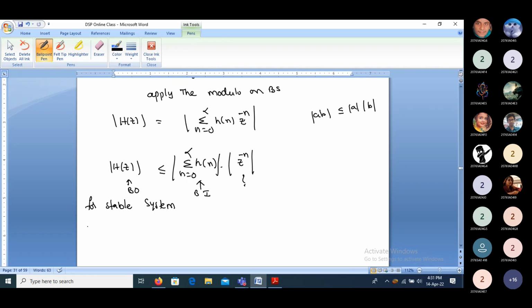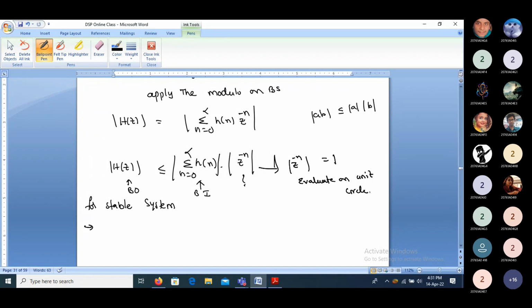The simple point is that this total component, modulus of z power minus n, is always equal to 1. That is nothing but we can evaluate on the unit circle. You can evaluate on the unit circle.